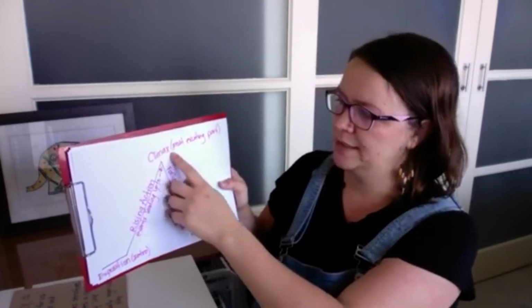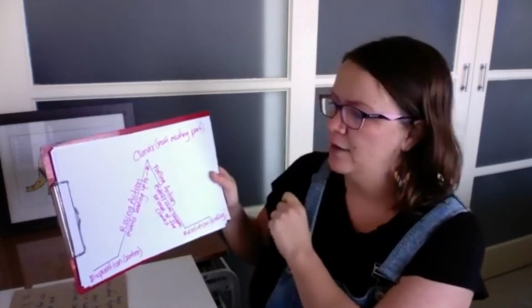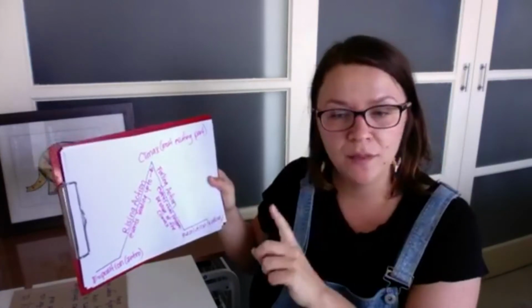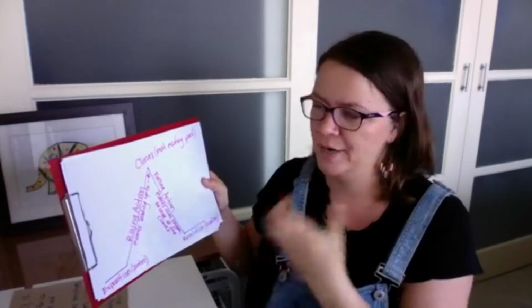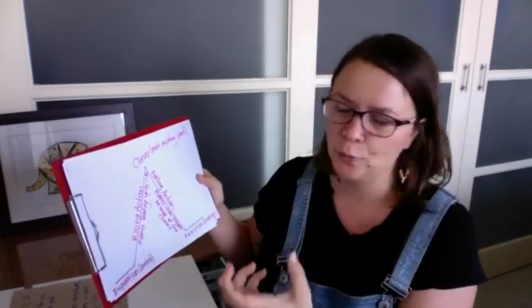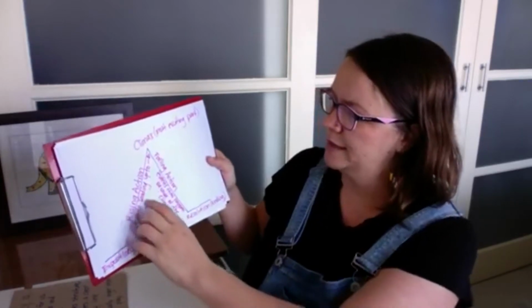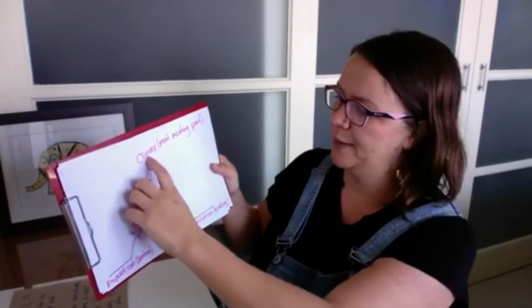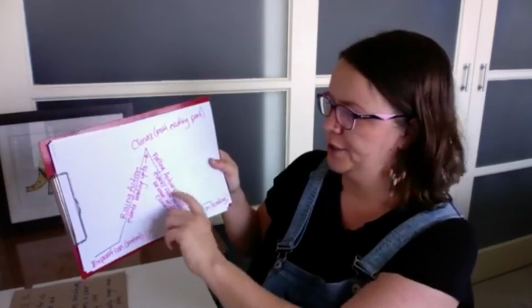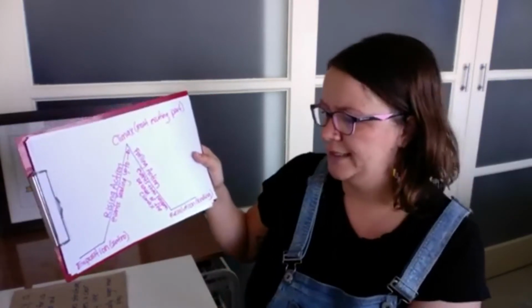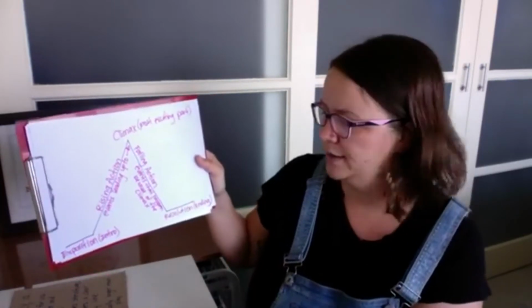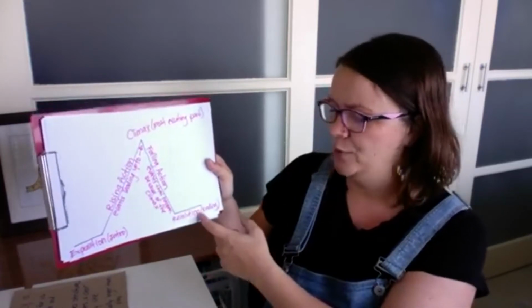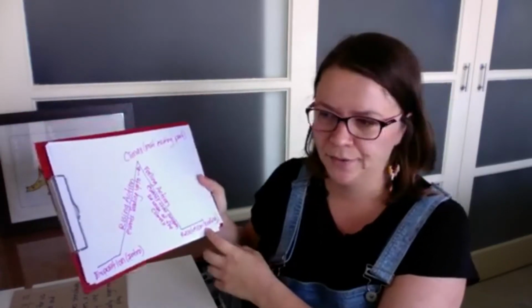The climax is the most exciting part of the story, or it can be one part or more than one part. And so we explain the exciting part, and then we have the falling action, and falling actions are the events that happen because of the climax. And then we end with the resolution, or the ending, okay?